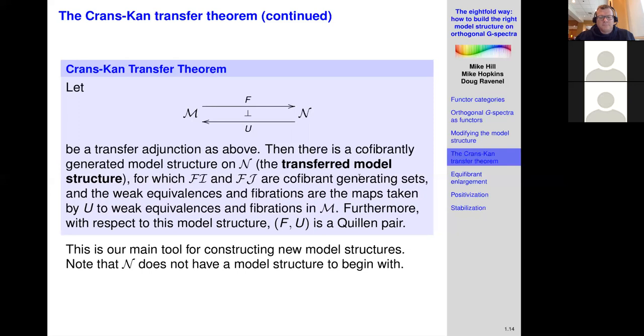Now, let me point out, N doesn't have a model structure to start with. M is a model category. N for Nancy is a bicomplete category, and we have these two functors with certain conditions, and then we can get a model structure on Nancy from the one on Mary.